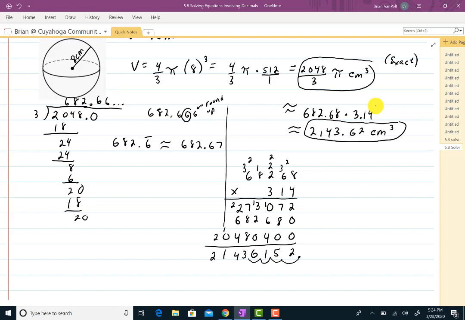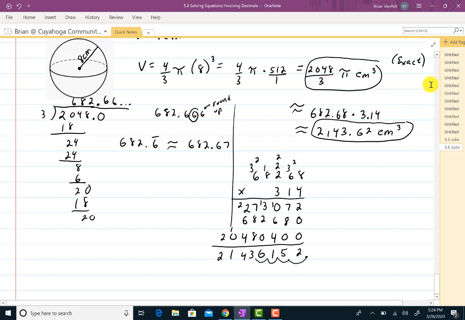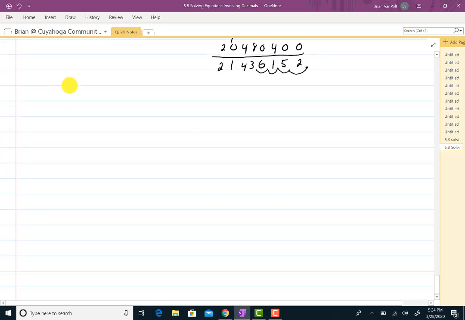But for the most part, I think 2 decimal places is going to be enough because they usually give you pi to 2 decimal places. So that usually means that the accuracy expected in the whole problem is 2 decimal places.